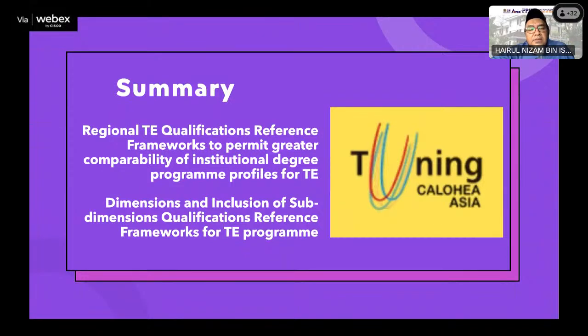So as a summary, the regional teacher education qualification reference framework permits greater compatibility of the institution degree program profile for teacher education, and inclusion of sub-dimensions in the qualification reference framework for teacher education programs. So this is ongoing.